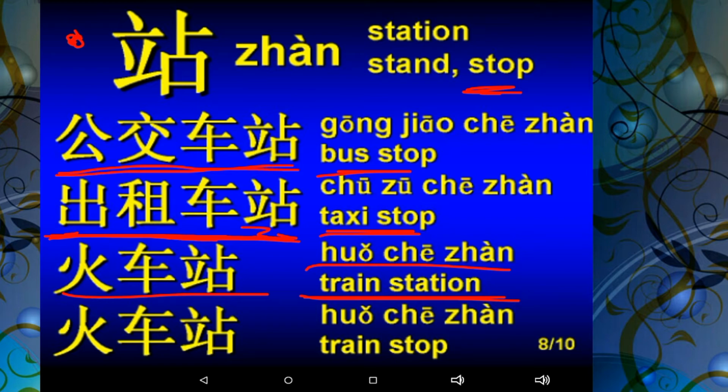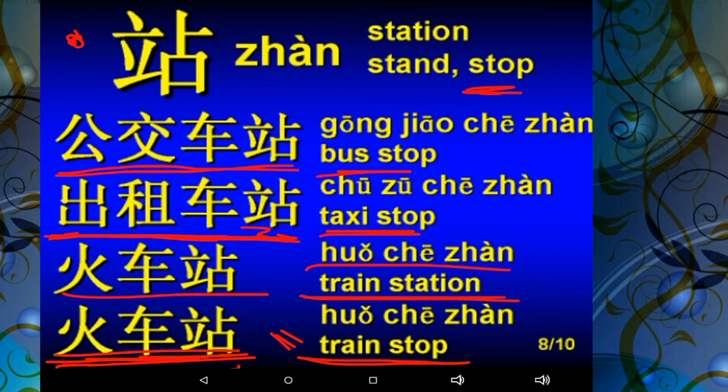Now, once you are on the train, you're going to come to a train stop, and actually it's the same three characters. Ho-cha-chan is a train stop. Now, a train stop could be an actual location within the city, or it could be a train stop of another city or a village. So it will be a train stop once you're on the train. Thought that would let you know the difference between train stop and train station.